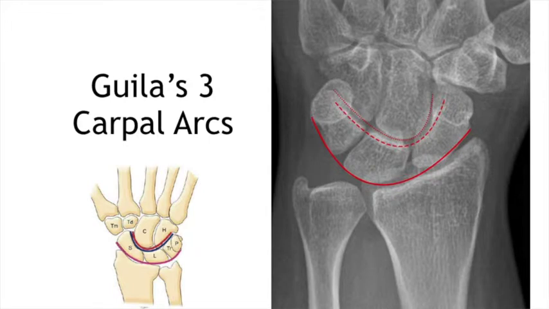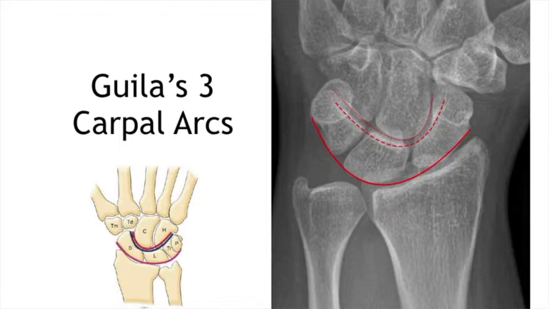So first we'll start with the arcs, the carpal arcs. It's known as Gilula's 3 carpal arcs. It refers to the first and most proximal arc, which is the scaphoid, lunate, and the triquetrum, as well as the pisiform. That's the most proximal arc.